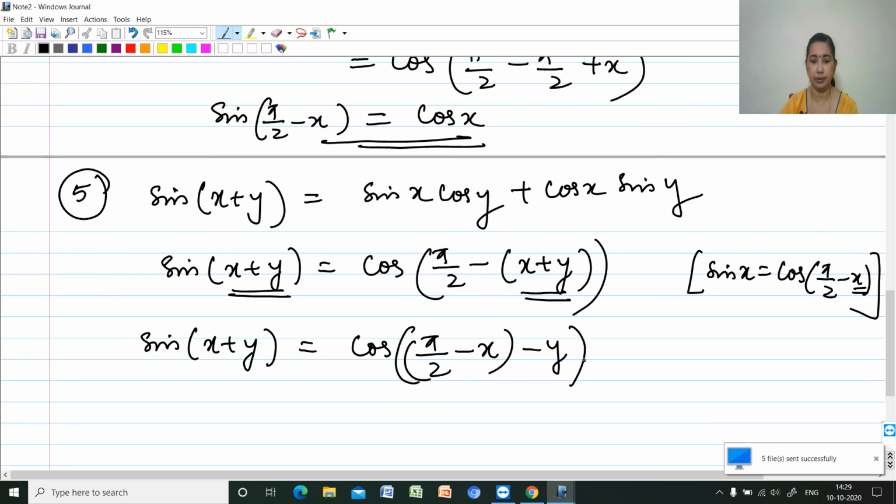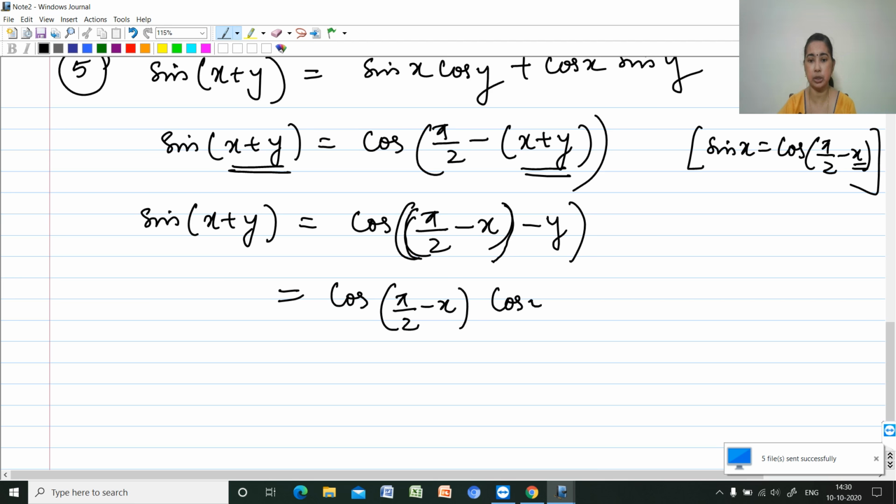Applying the same here, cos of pi by 2 minus x into cos y is the first term, and this is the second term: cos of pi by 2 minus x into cos y plus sin of pi by 2 minus x into sin y. Simplifying, cos of pi by 2 minus x is sin x, so sin x into cos y, then sin of pi by 2 minus x is cos x, plus cos x sin y.